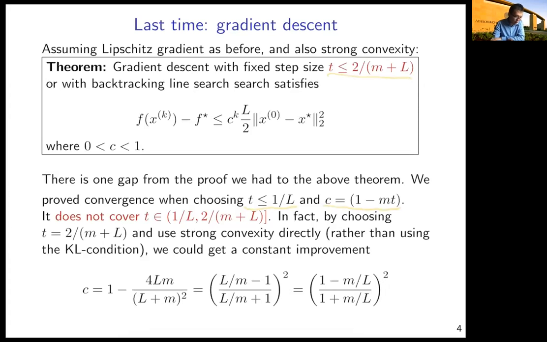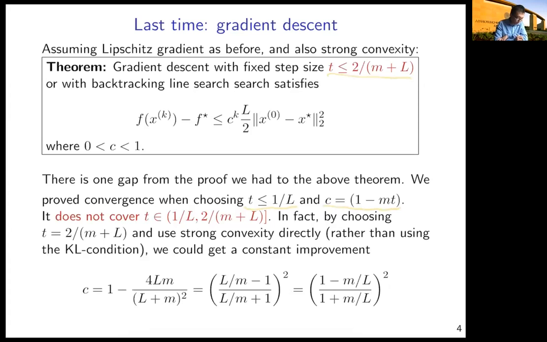So there is a more refined analysis that we can use to recover the requirement that only requires t to be smaller than this slightly larger number, and with that you are able to establish a very similar linear convergence rate, but with a constant improvement.